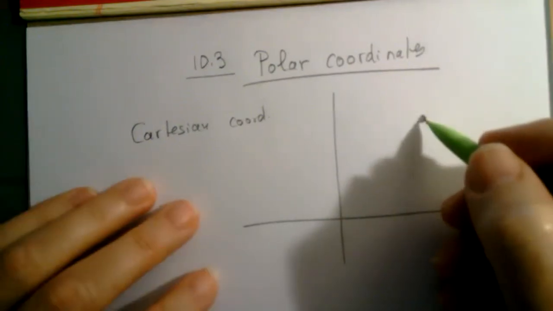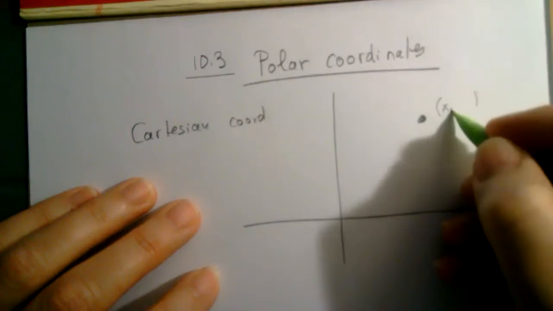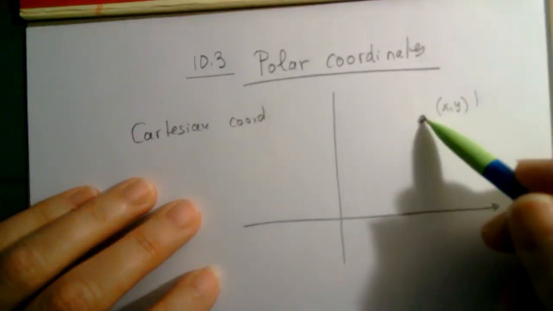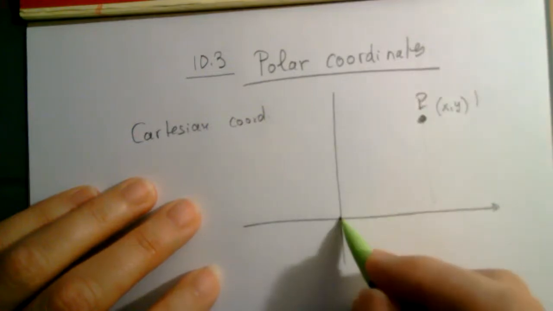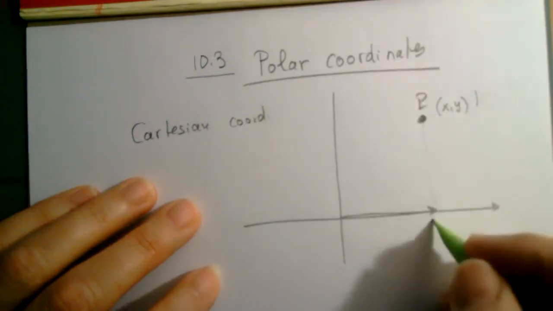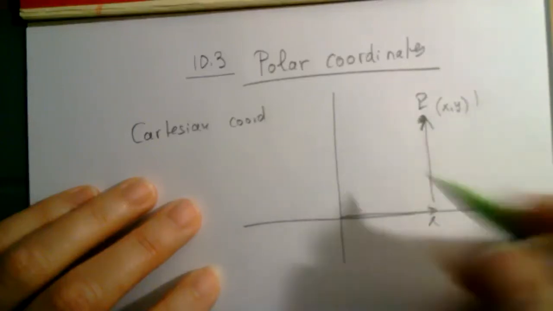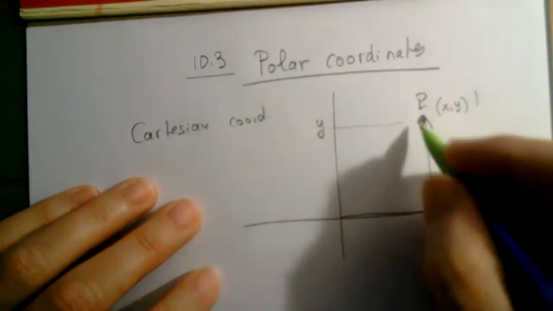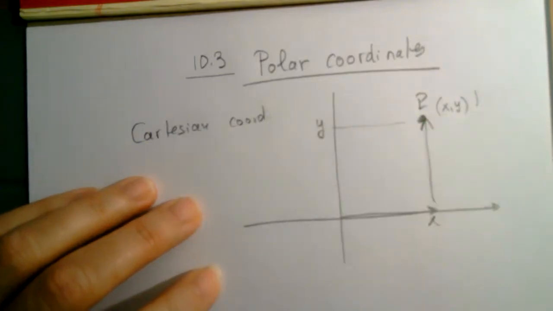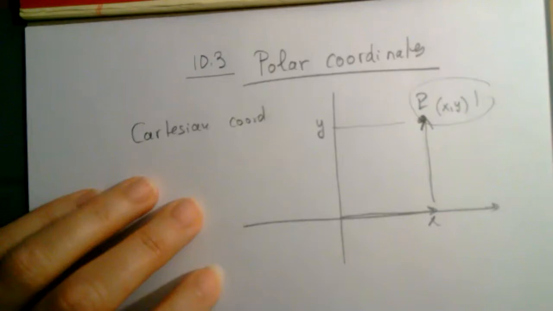You associate to every point two coordinates, the Cartesian coordinates. Their job is to tell me the position of this point in the plane. The x tells me how far to the right I need to move, and the y will tell me how much vertically I have to move. So it's a way to locate a point in the plane.